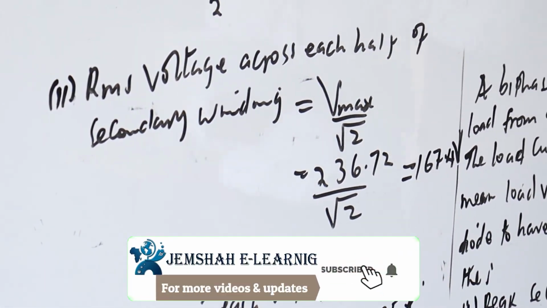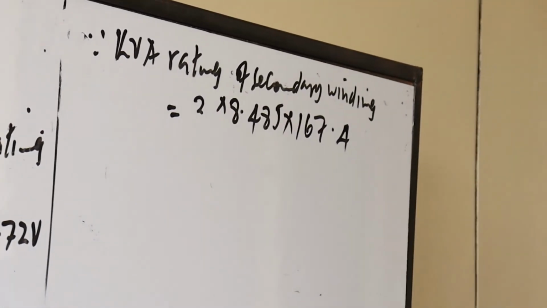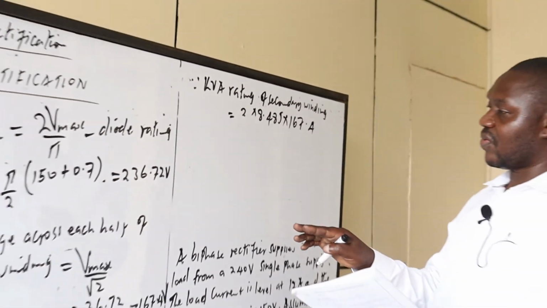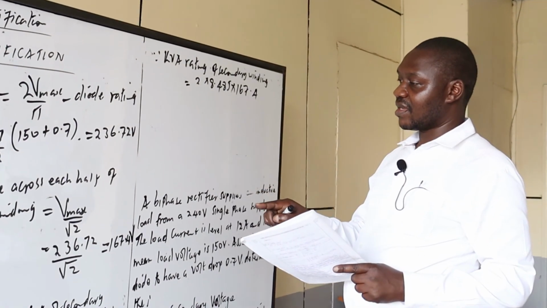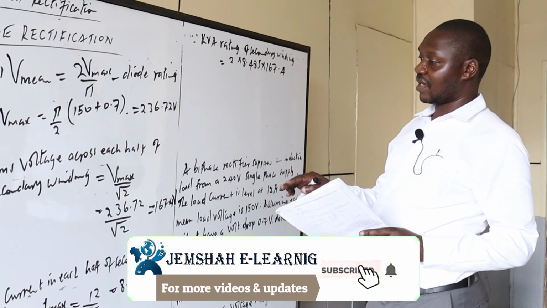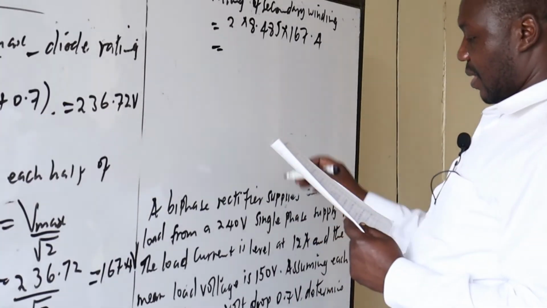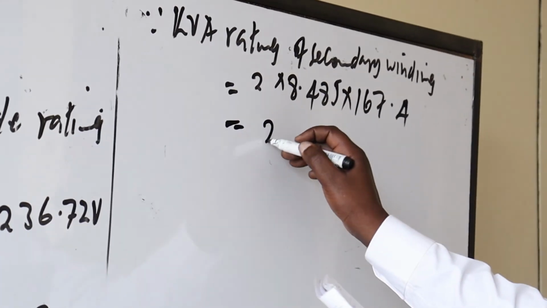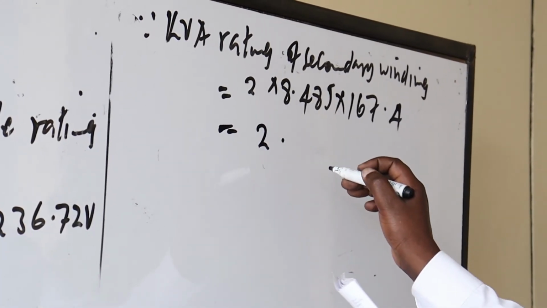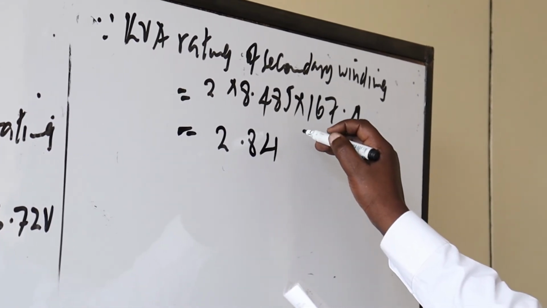We are multiplying by 2 to get the rating of the secondary, because you remember we had 2 voltages, since we are using a center-tapped secondary, so we have 2 voltages that are out of phase. So this gives 2.84 kVA.